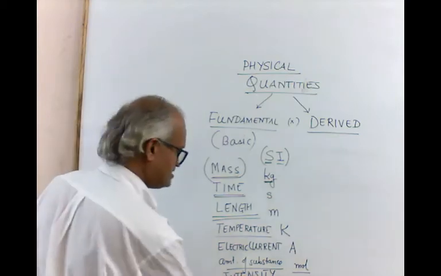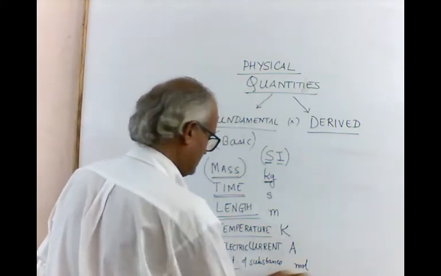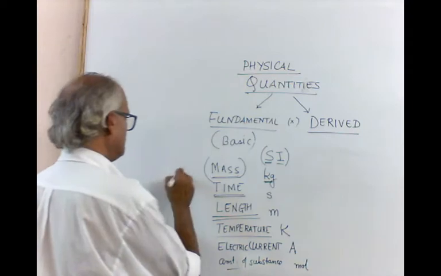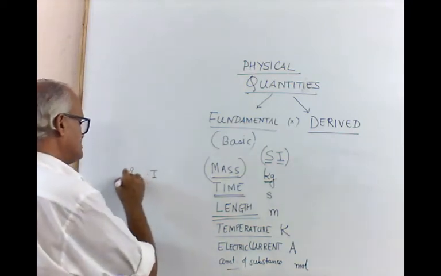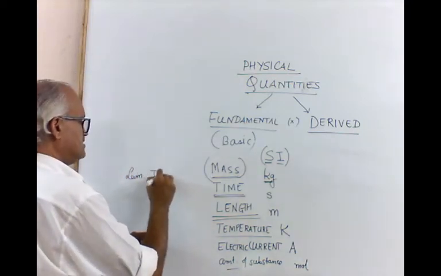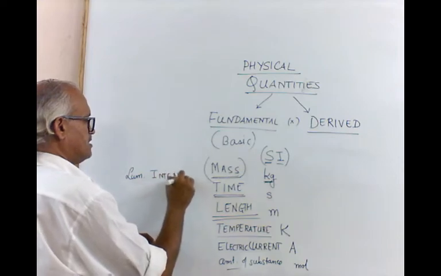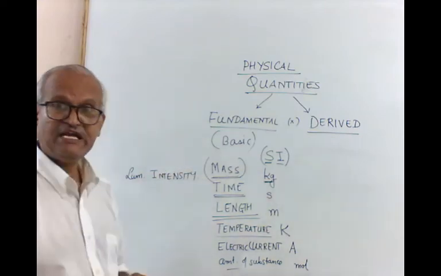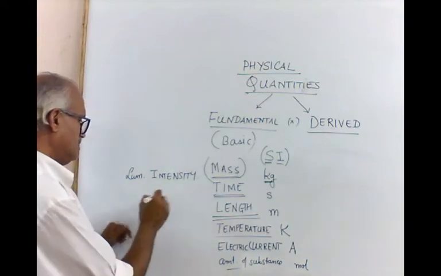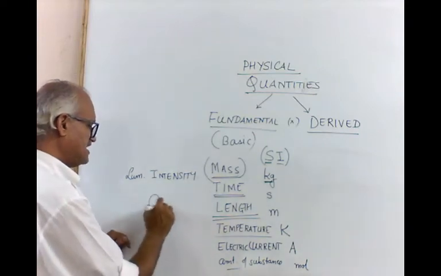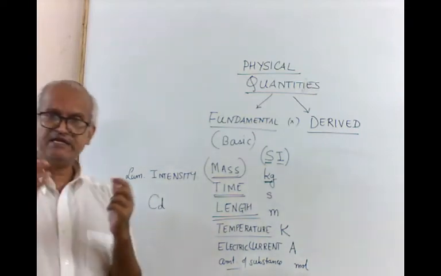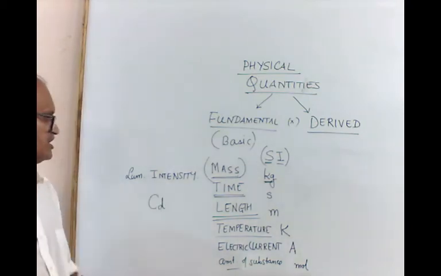In fact, ये भी नीचे चला गया है आपके field के यहाँ. So let me write it somewhere over here. Intensity, luminous intensity. This is measured in candela. So इसको short में CD लिखते हैं. CANDELA. Candela is the SI unit for this.